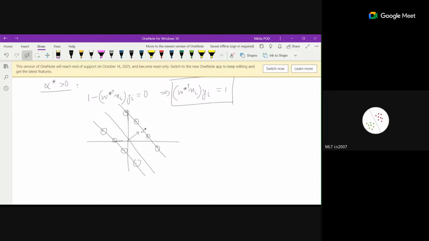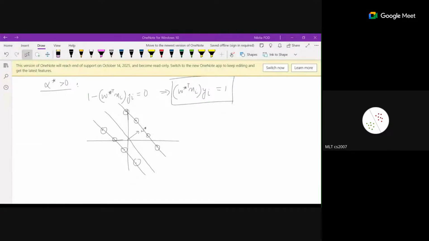For alpha star positive, all the points you see on the supporting hyperplane are called the support vectors, and that's why this algorithm has gotten the name support vector machine.